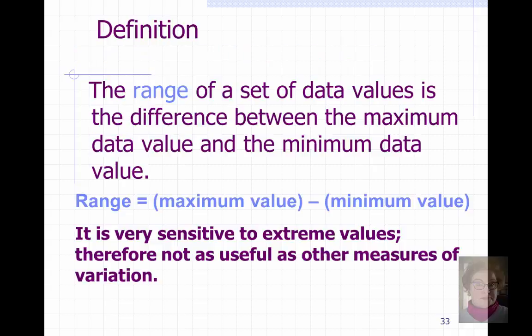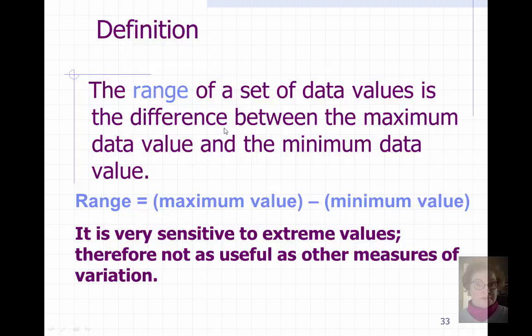So now when we talk about measures of variation, the easiest one to calculate is the range. The range is simply the difference between the maximum and the minimum values. It's just the distance between those two. It's very sensitive to extreme values. It's not as useful as other measures of variation, but there it is. So the range and the midpoint kind of go together.